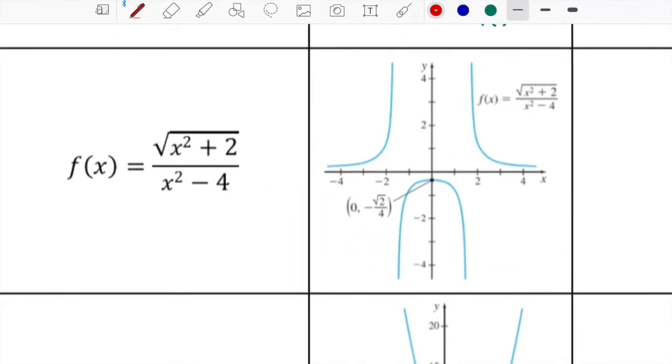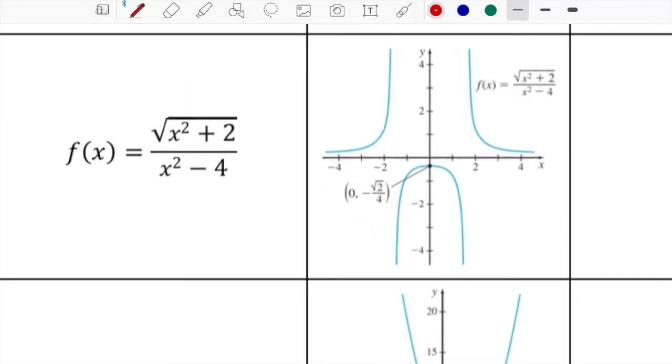Okay, so for this one, I want to look at 2 things. First thing is a function. This is a rational function. And what we need to do is look for the domain first. To look at the domain, notice the denominator: we have x squared minus 4. What we do not want in the denominator is a 0, because then it would be undefined.